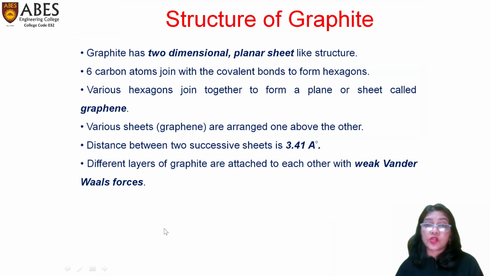Now discussing the structure of the graphite. Graphite has a two-dimensional planar sheet-like structure which is formed by the combination of carbon atoms in the form of hexagons, and these hexagons are formed by covalent bonds.